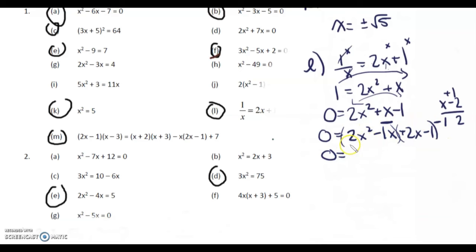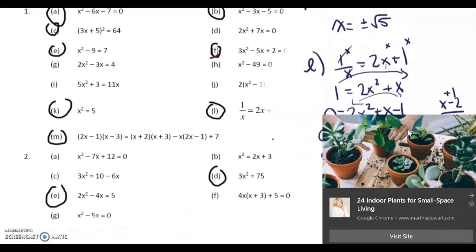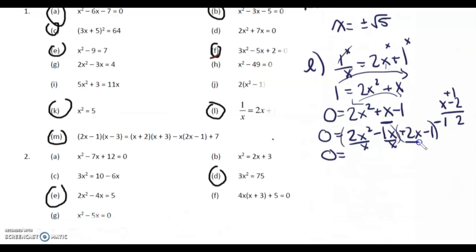Okay, out of the first two terms, I'm going to divide by x, and then out of the second two terms, I'm just going to divide by 1, right? Like there's nothing else. So I get x, 2x minus 1, and then I get plus 1, 2x minus 1. Out of these two terms, I'm going to factor out a 2x minus 1.